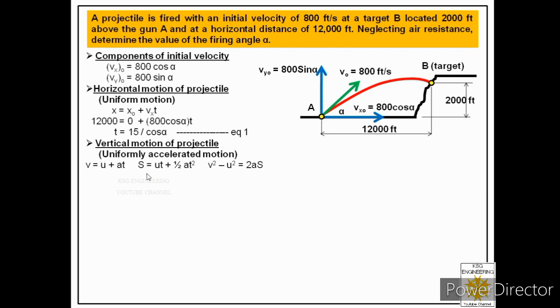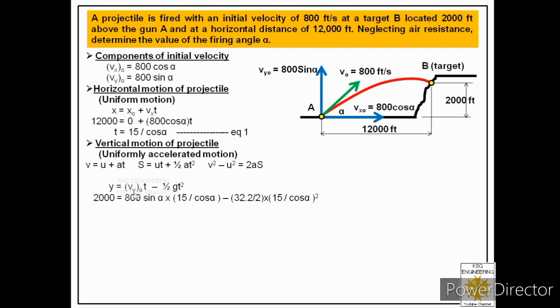So let us use this equation and let us put these values. So we have replaced s with y, which is given to us as 2000 feet in this case. Then vy naught represents initial velocity of the projectile in y direction, and g is taken as negative because g is acting in downward direction, but motion of the projectile is in upward direction, in y direction. Now let us put these values. So y we have entered as 2000 feet.